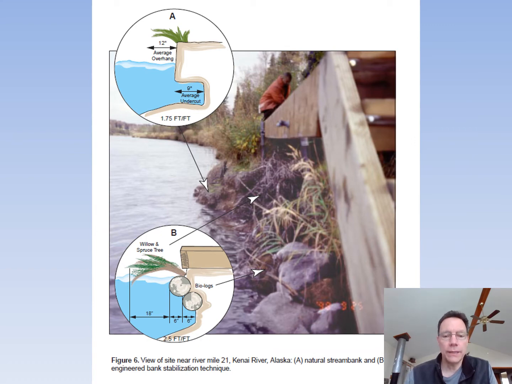So you get a situation like this. These are called biologs here, and they've sort of anchored those in with metal spikes to keep them in place. This works more or less, but they don't last as long because these are going to decompose. They do create some habitat underneath the water surface, but they don't last as long, and they're not as reliable as riprap.